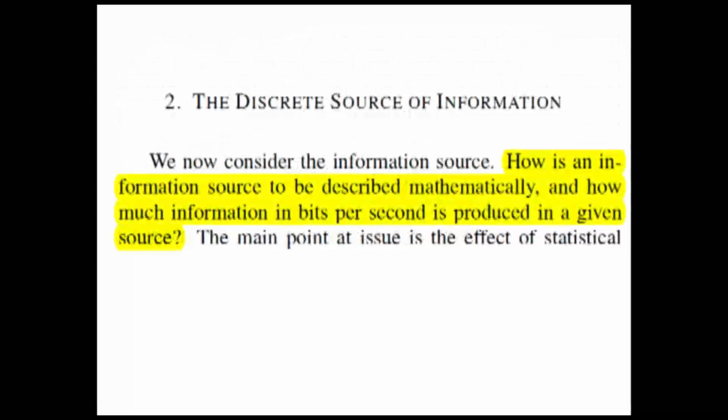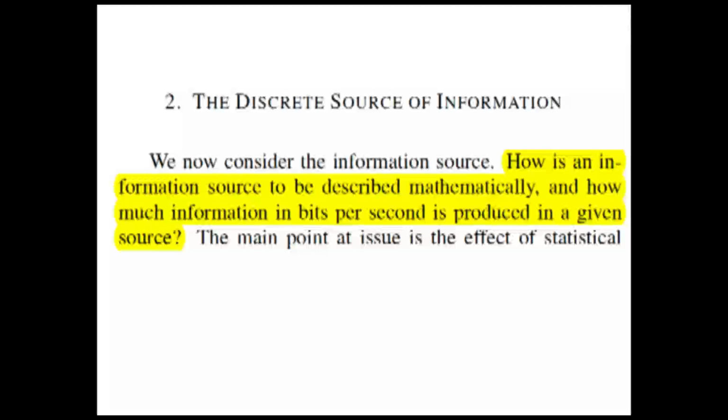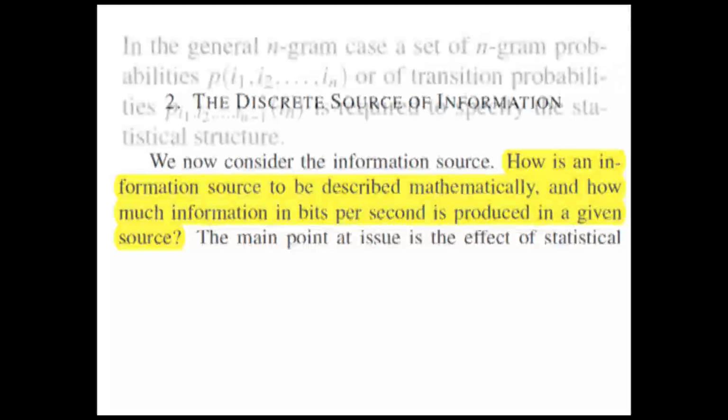Okay, so now let's go back now to the second part, the discrete source of information. So now he says, how are we going to model sources, for example, English, mathematically? Okay, we're going to model these discrete sources mathematically.